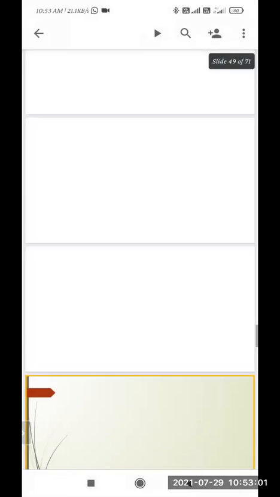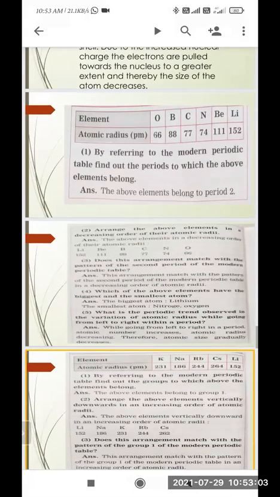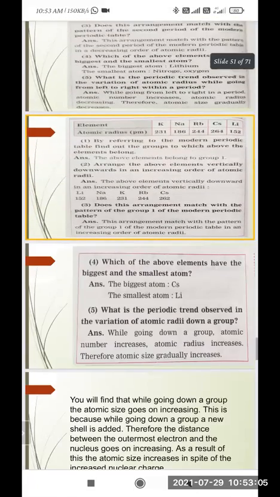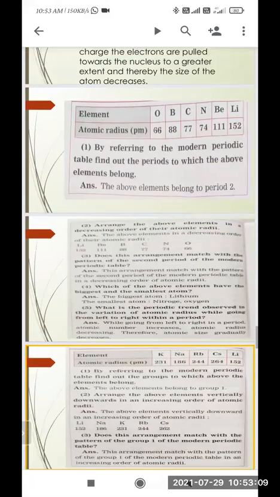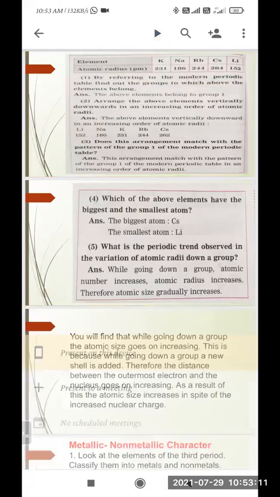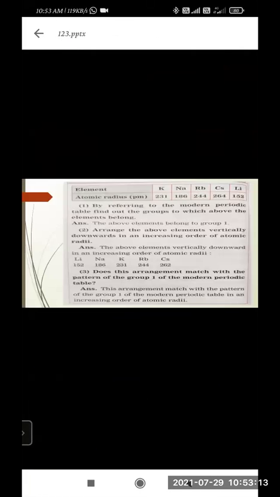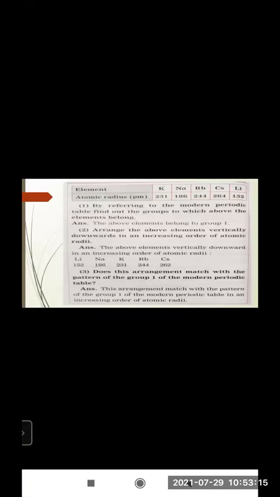Clear? Now we'll see the second activity, which is given on the same page. Now see which are the elements: potassium, then sodium, then rubidium.